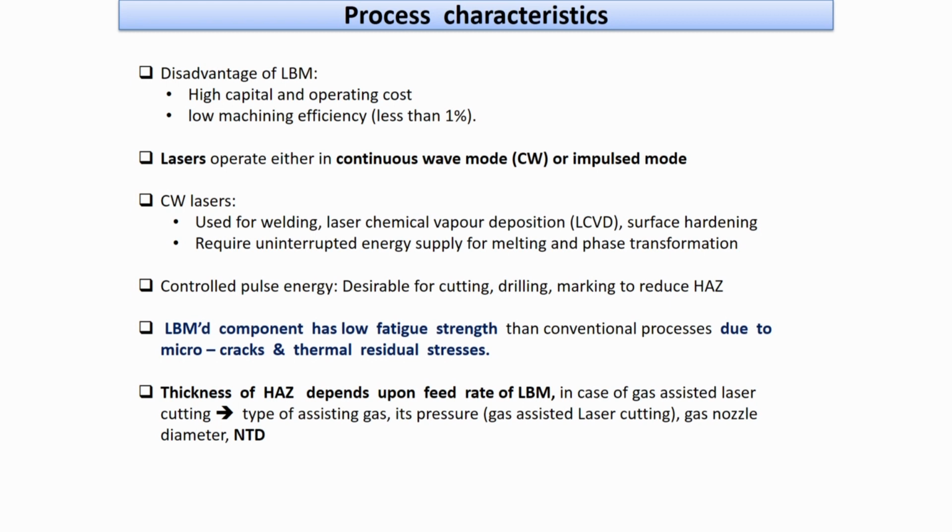A laser beam machined component has lower fatigue strength than those from conventional processes due to micro cracks and thermal residual stresses. The thickness of the heat affected zone depends on the feed rate of the laser beam machining. In gas assisted laser cutting, the type of assisting gas also helps to reduce the heat affected zone, and also its pressure, the gas nozzle diameter and the nozzle tip distance.